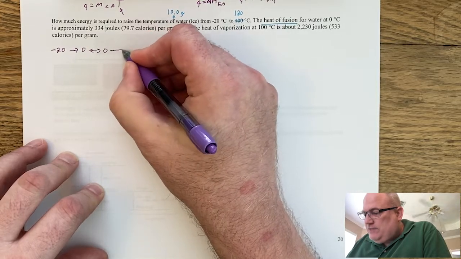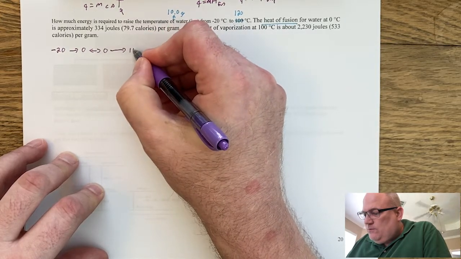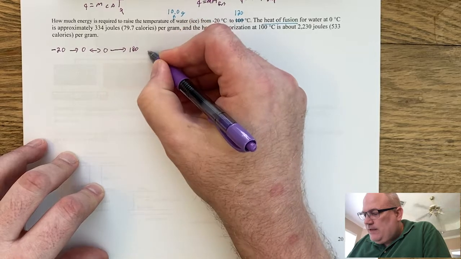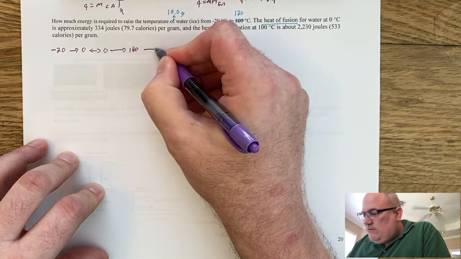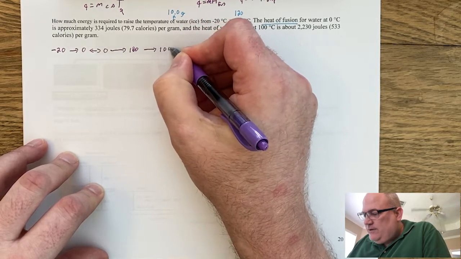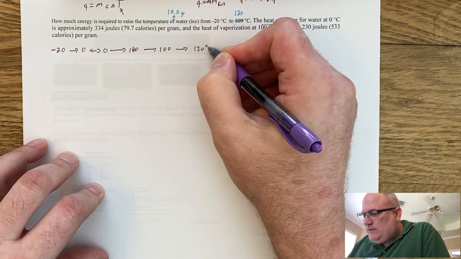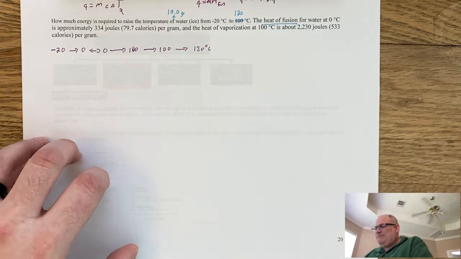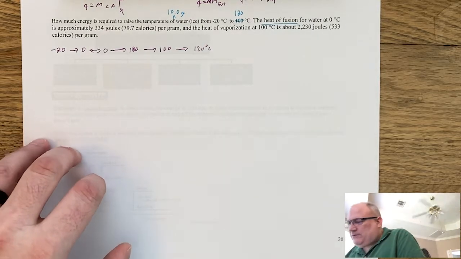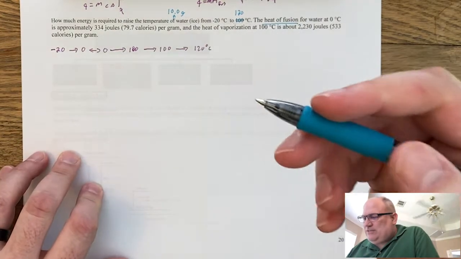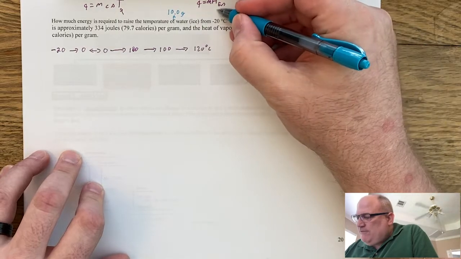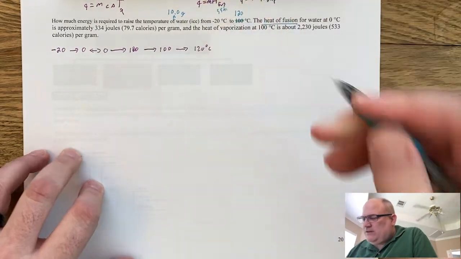Then we go from 0 to 100. I don't know why I wrote 110. Then it stays at 100, and then we go from 100 to 120 degrees Celsius. Also, as I looked at this problem afterwards, I did not do any justice to significant figures here. Let's pretend that everything has 3 sig figs, even though I've not done it correctly.